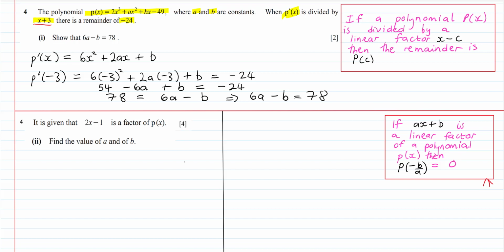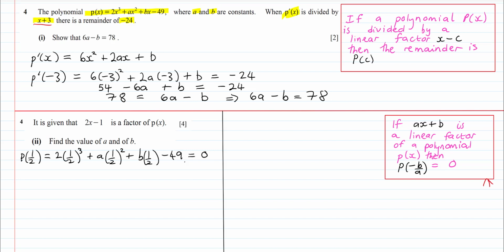Writing this out then, p of 1 over 2 is equal to 2 times 1 over 2 all cubed, plus a times 1 over 2 all squared, plus b times 1 over 2 minus 49, and we set that equal to 0.